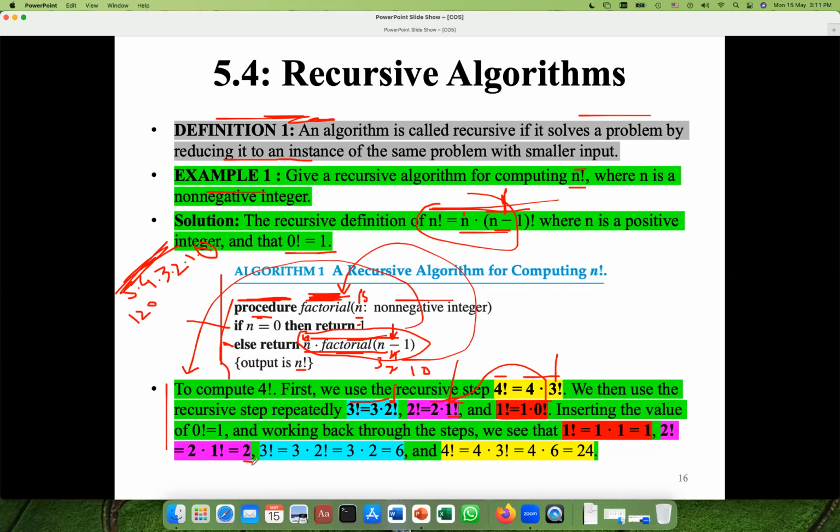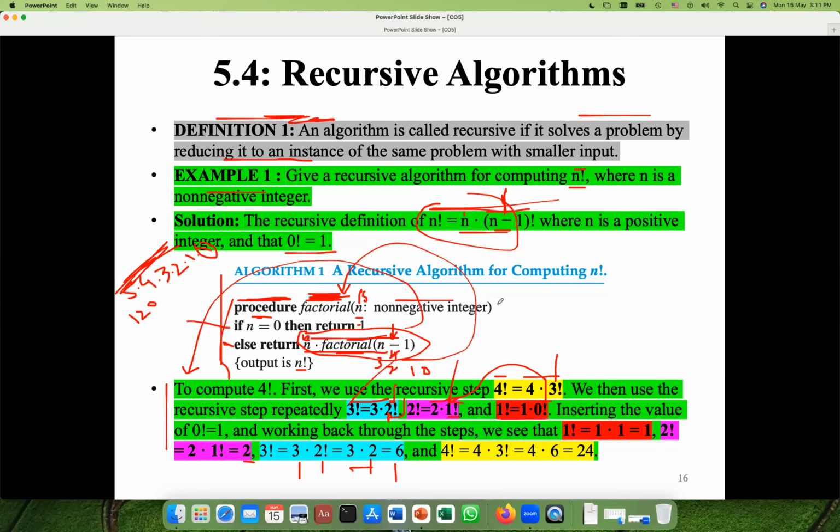And now you have the value for 2 factorial. You have to put that value here up to this 2 factorial. And that will become 3 factorial. 3 and the 2 factorial has the value what? 2. So 3 multiplied by 2, you have the 6. And similarly, now you have the value for the 3 factorial.